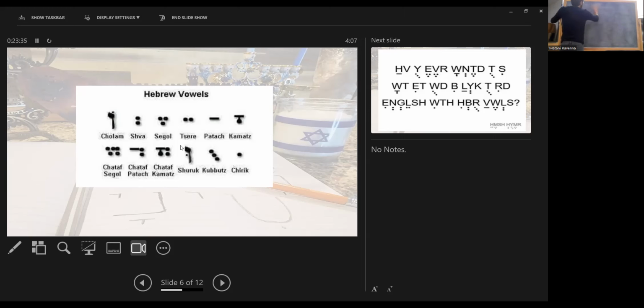Last, we have chirik and kibbutz. Kibbutz is repetitive to shuruk, just for the sake of getting it out there. There will be three dots diagonal, like this. So three dots. This will be an oo.